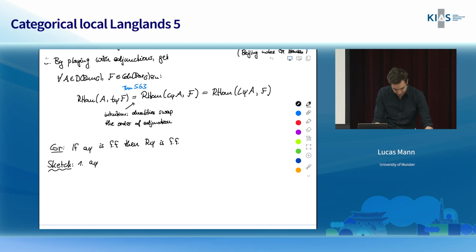The first step is that A psi fully faithful implies T psi fully faithful. That is relatively easy because T psi is essentially just A psi up to two dualities. So this follows from the fact that D-admissible and D-Verdier are equivalences.